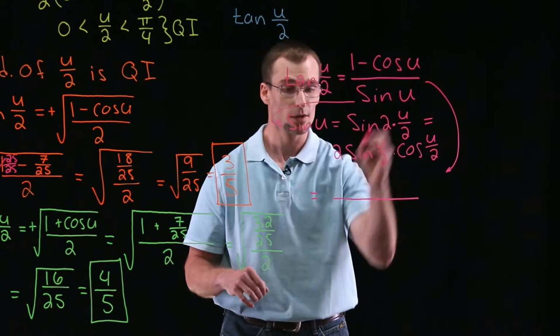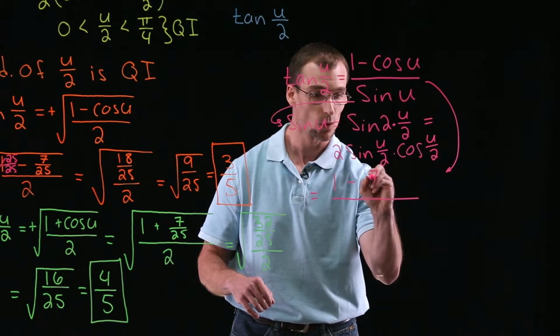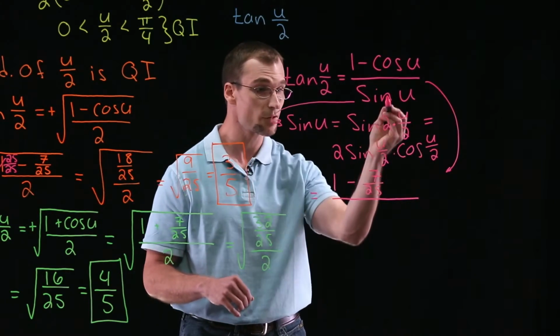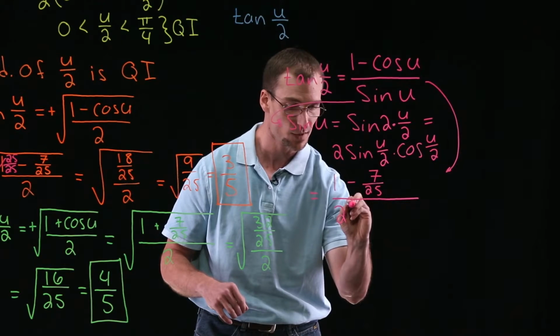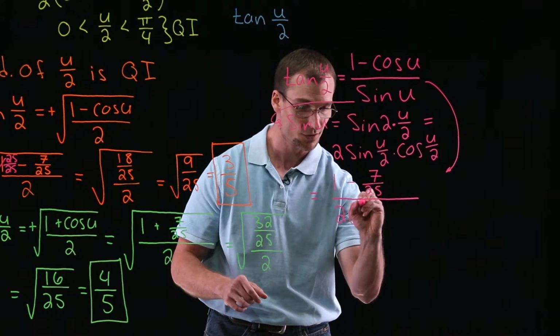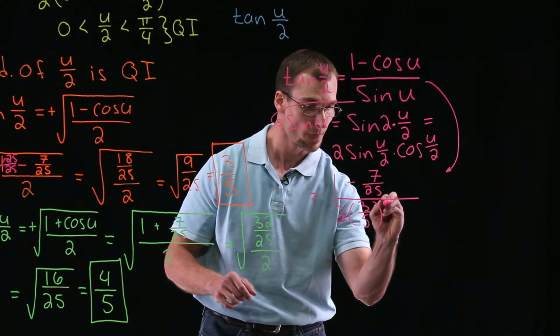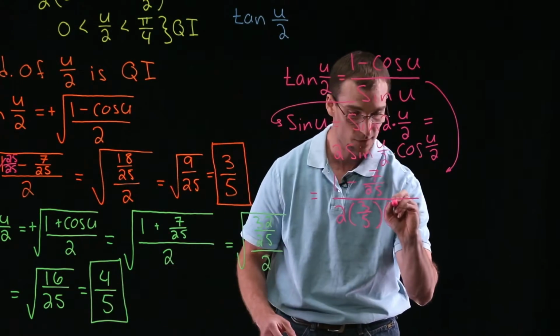Again, the numerator is just 1 minus cosine of u, 1 minus 7/25. And sine of u is going to be 2 times sine of u over 2, which was 3/5, times cosine of u over 2, which was 4/5.